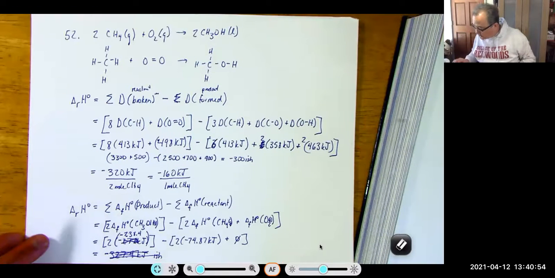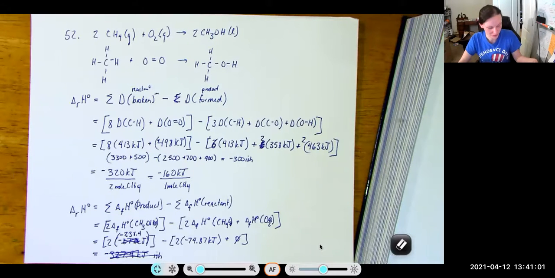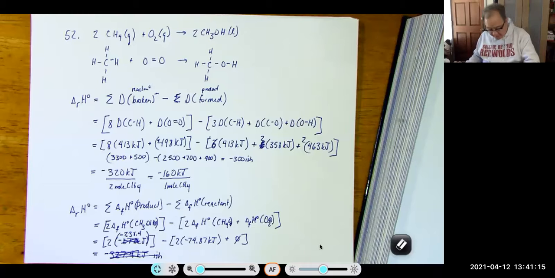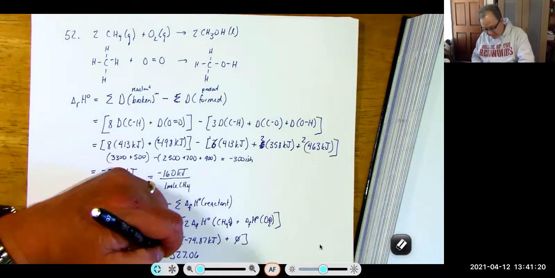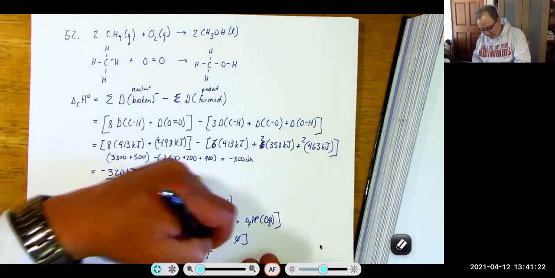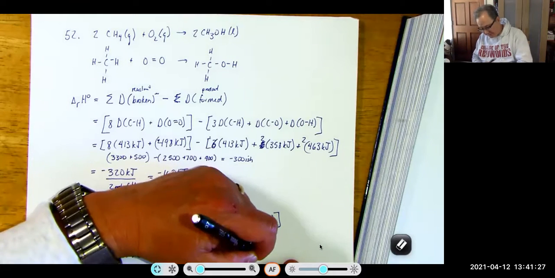But we did do 201.0 when we said, let's pretend it's a gas. Right. Okay. And we get 327.06 kilojoules, which becomes negative 327.1 kilojoules.